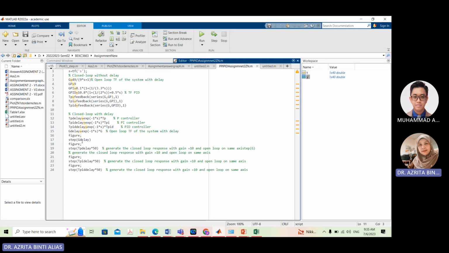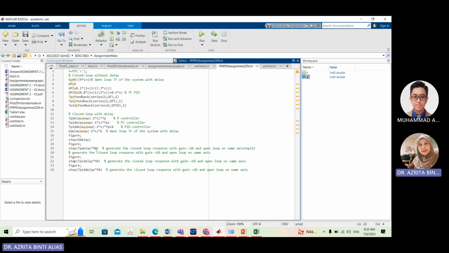So because we want to generate 4 figures or 4 graphs, that's why you need to put figure, and then step G delay for the open loop. The second is the TP delay for the proportional gain of the P controller. The next is step TPI delay for the PI controller, and the last one is the PID controller.